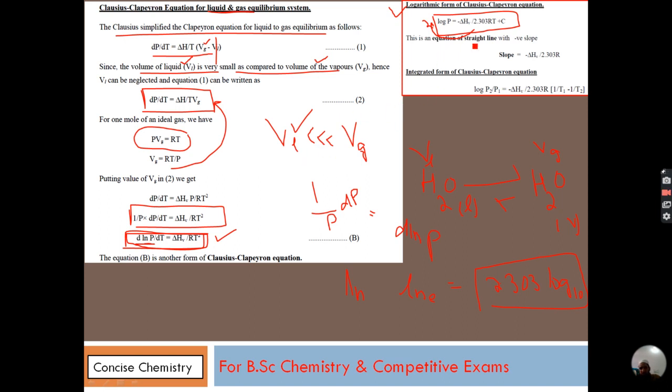So when you call it the equation of a straight line, this term is your y, this is your m, this much. So y is equal to mx plus c, the equation of a straight line.